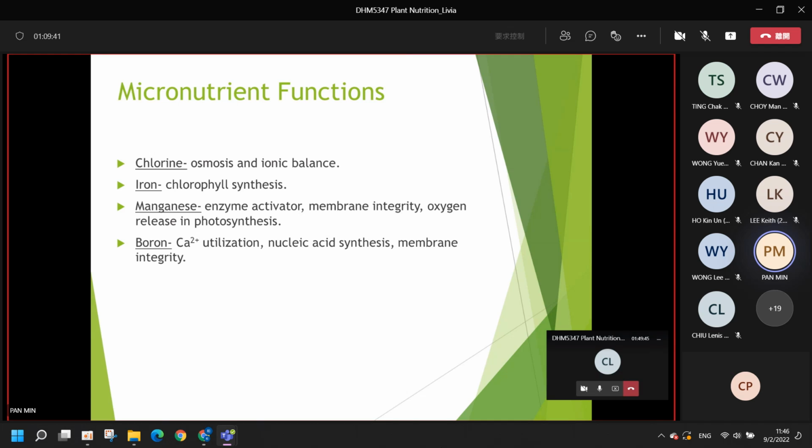And next one, boron. Boron is a crop element important for sugar transportation, formation of the cell walls, and production of amino acids, crop production, flowering, fruiting, and also increases crop quality. And zinc is another activator, and also an important component for many enzymes.